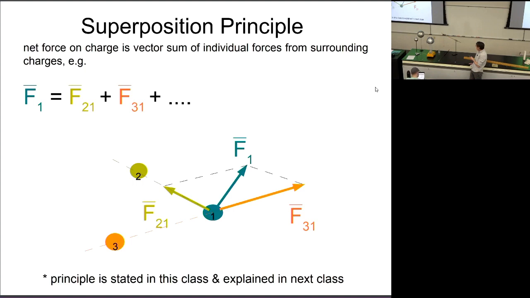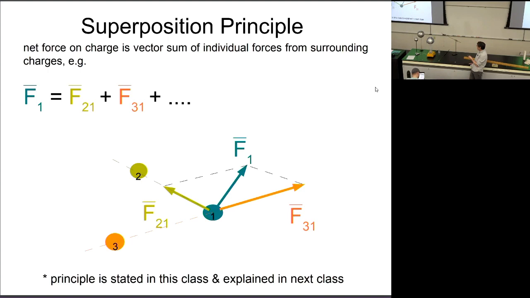Well, there's a force due to charge number 2, and there's also a force due to charge number 3. The force due to charge number 2 I've indicated with this green arrow here. It must be that these are opposite charges because it's an attractive force.